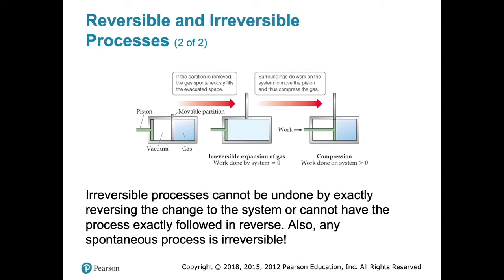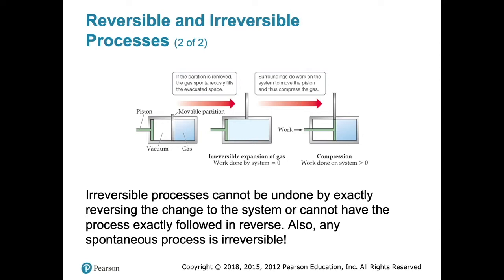So the irreversible process of gas expansion happens here, right? When you pull this partition out and it expands. If you wanted to make it reversible, what that would mean is you put down this partition and then it goes back to the way it was before over here. But you can't do that, right?